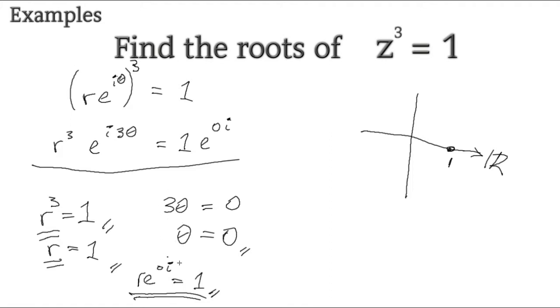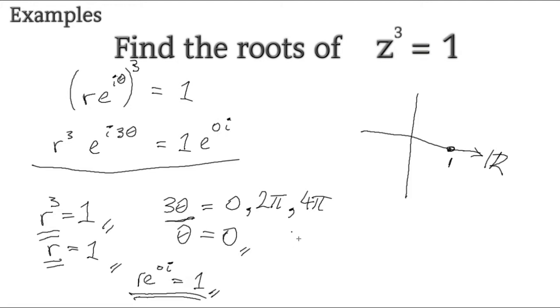However, for angles, remember that you have a 2 pi repetition pattern per cycle. And so essentially, for 3 roots, you want 3 values, which are 0 in radians, 2 pi, and 4 pi. You can keep going to 6, 8, and so on, but then you go back to 0, 2, and 4. Essentially, it cancels out.